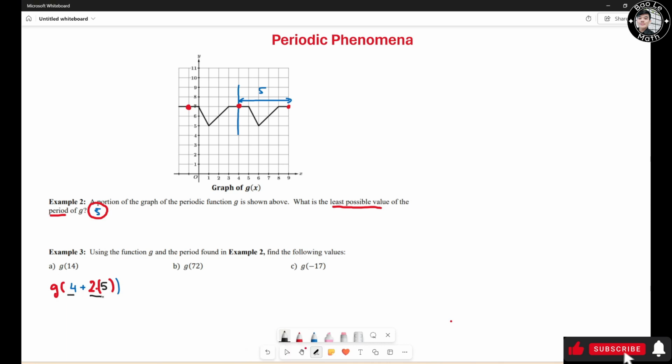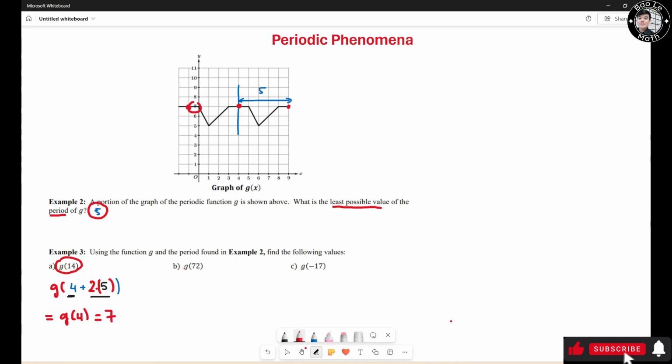I don't need to care about this part anymore, because after 2 cycles, the function comes back to the original one, right? So g of 14 is the same thing as g of 4, right? Now I look at this one, g of 4 right here is going to be 7, right? So the answer is 7.